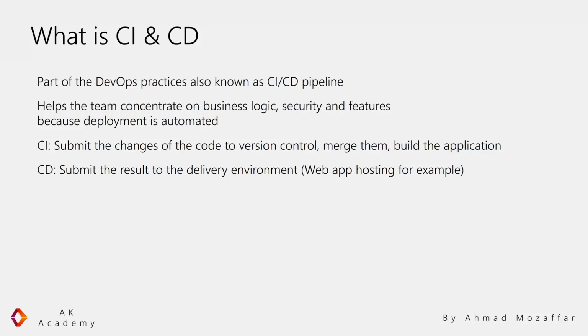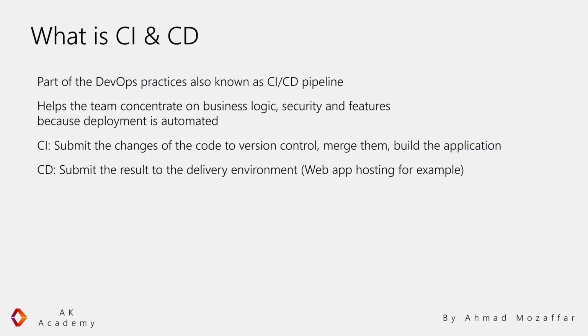Basically, these operations aim to automate the process of delivering the application to your clients effectively and in an automated way, without worrying about all the stuff like merging the code, building it, and then pushing it up to your delivery environment. So in this way, you and your team can concentrate on the business logic, the security, and the features you want to solve or add, and leave the deployment process to Azure DevOps.